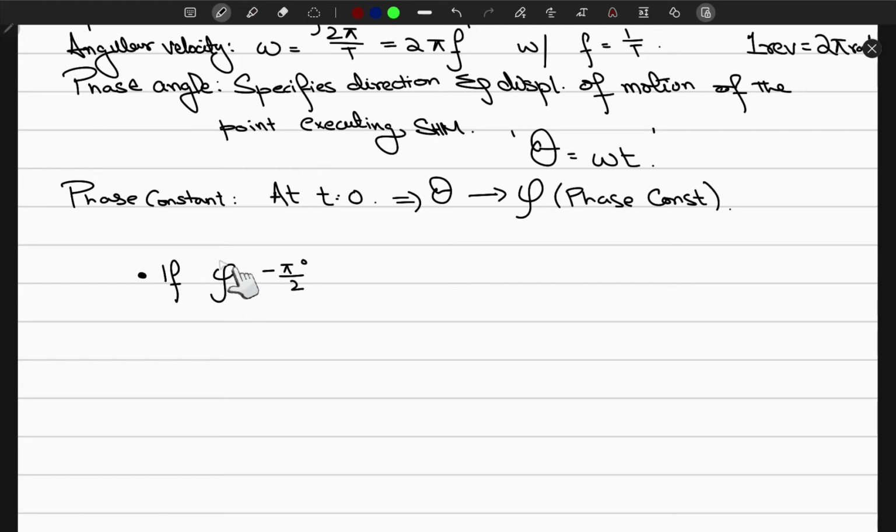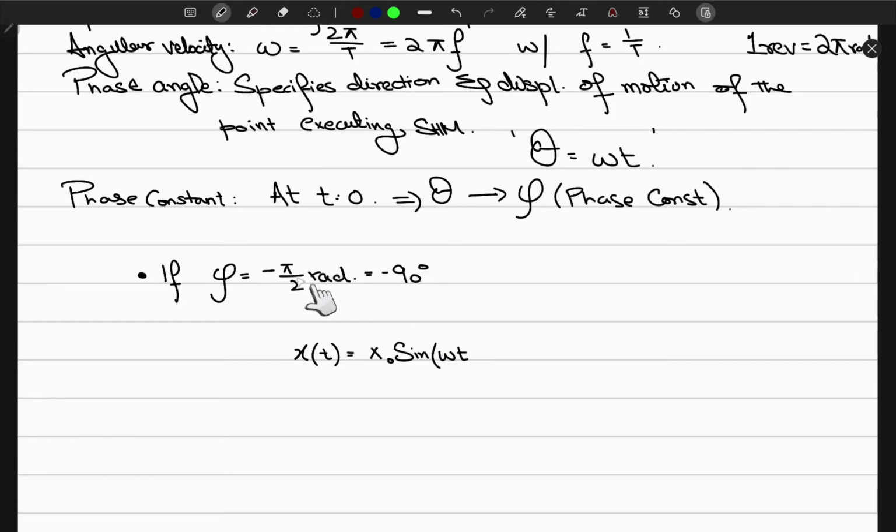Now suppose that this phase constant psi is minus pi by 2, sorry, I used degrees, it's radians. So if it's minus pi by 2 radians, which is actually minus 90 degrees, then I can define the displacement function, which is x, a function of t, as x naught, which is the amplitude of the oscillation, times sine omega t.